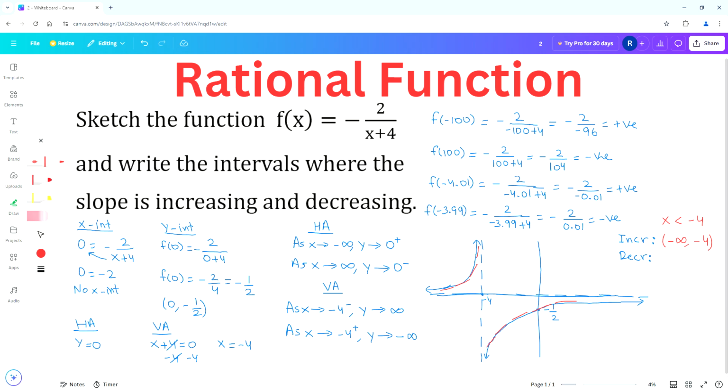These tangent lines are becoming flatter. That means the interval where the slope is decreasing for this function is from -4 to +infinity. We can also write this interval as x is greater than -4.